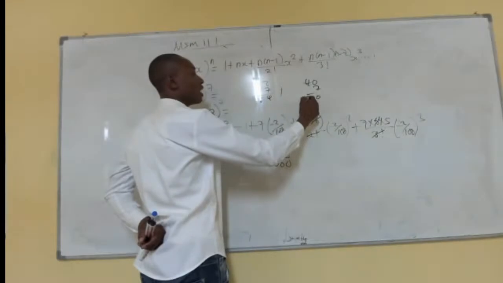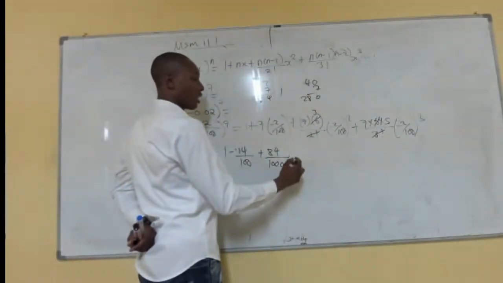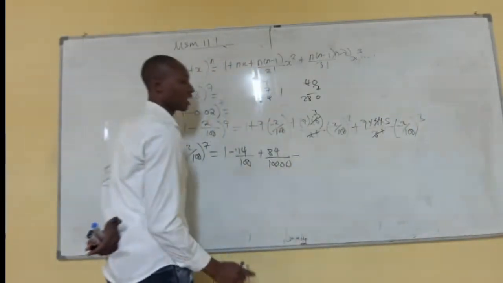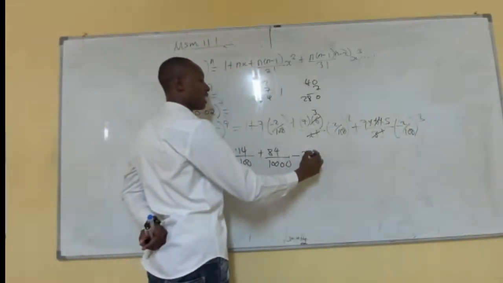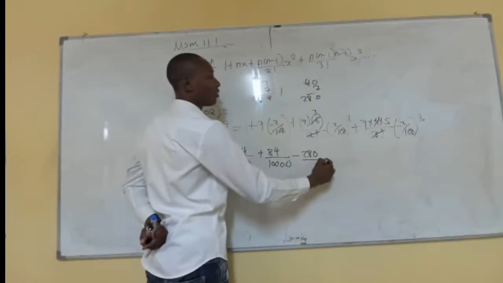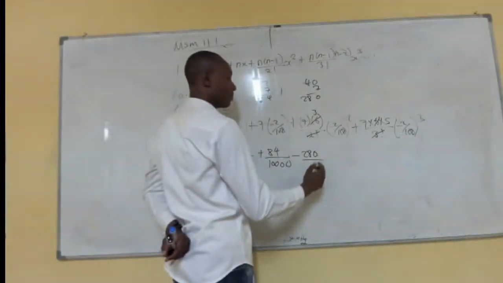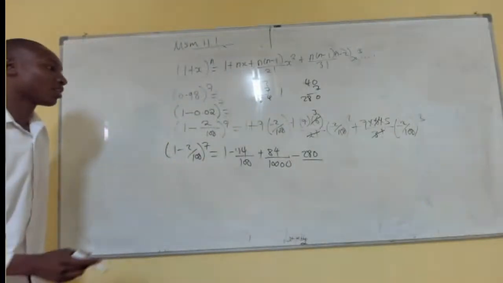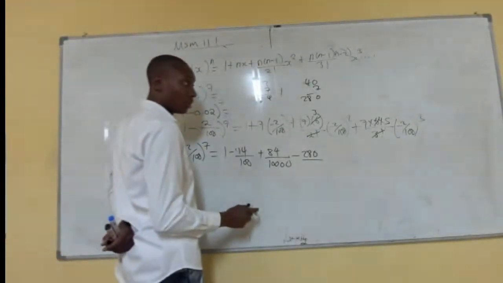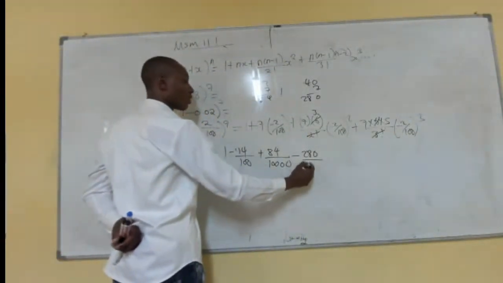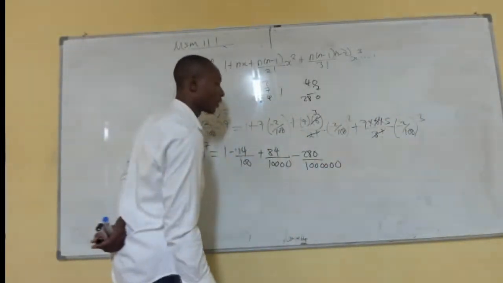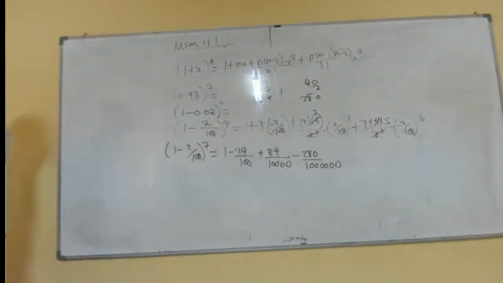This is actually 28, so 280. So we have minus, because negative to the power 3 is still negative, so minus 280 over 100 to the power 3. That is just the same as 1 million.